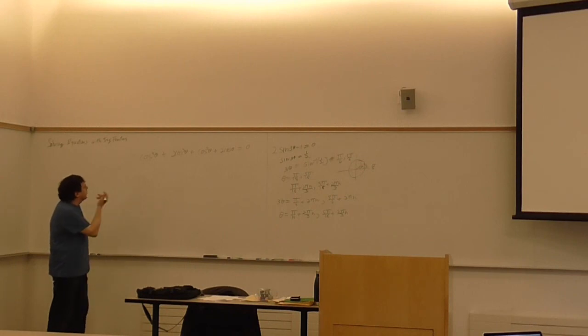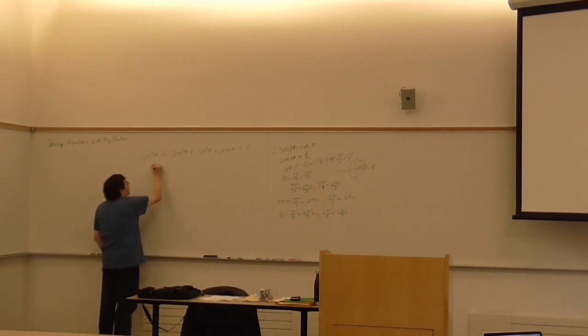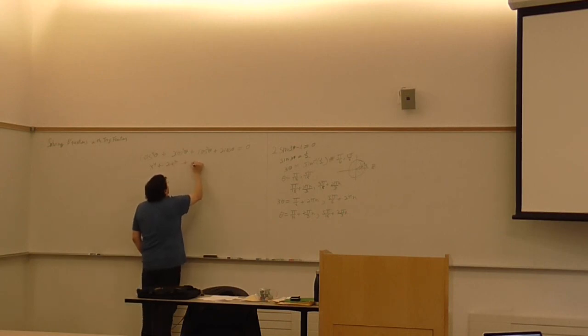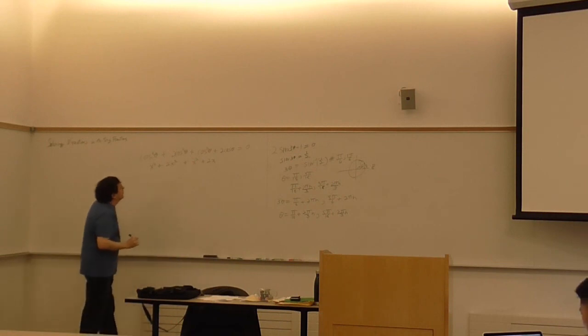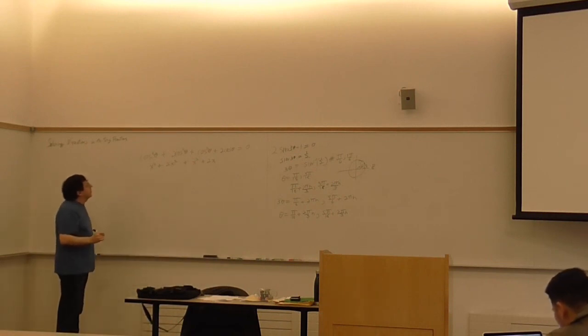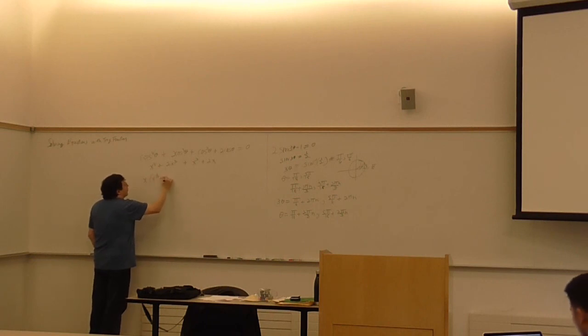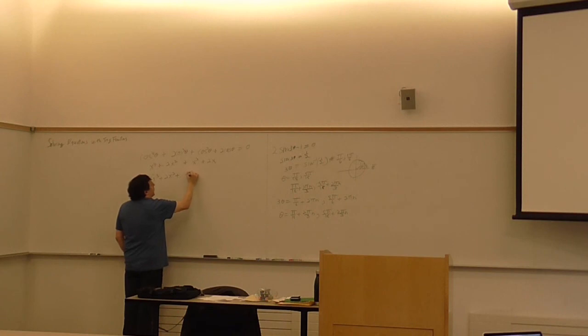Well, that looks pretty ugly, but if I think of it this way, x to the 4th plus 2x cubed plus x squared plus 2x. Well, what can I do with that? I could take out an x: x cubed plus 2x squared plus x plus 2.